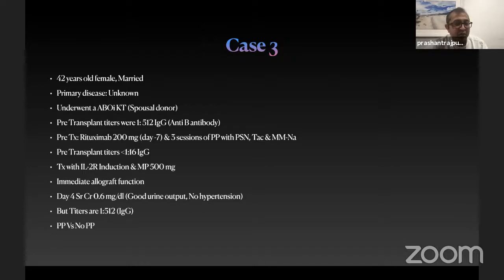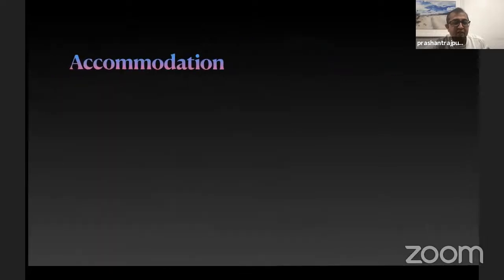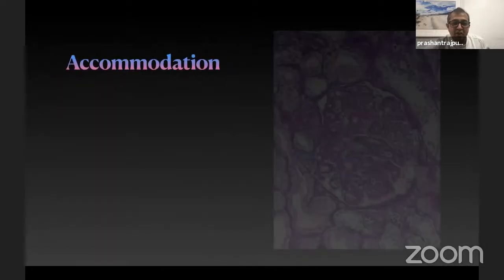We were in a dilemma of whether to do plasma exchange or not, and we decided that since the titers were high, we gave her one plasma exchange, and there was no change. The titers came down to 256 and gradually climbed up to 1:512, and the patient continued to have good graft function. So this is accommodation.